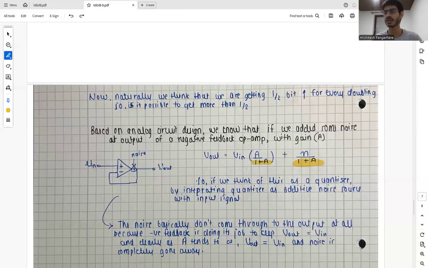Why doesn't it come through the output? Because the negative feedback loop is doing its job to keep V out equal to V in, and clearly as the gain tends to infinity, V out tends to V in, and the noise is completely gone.